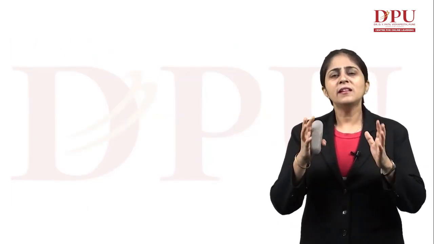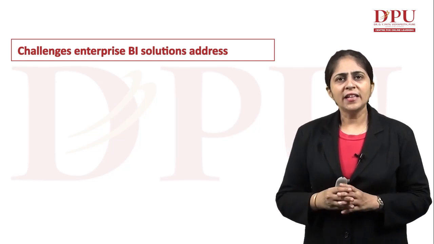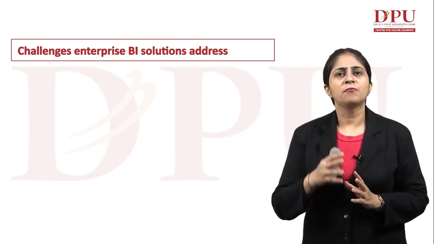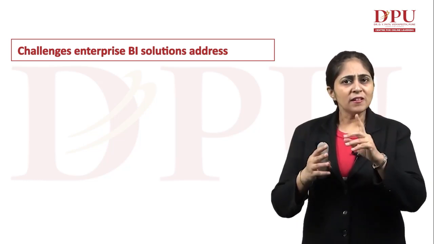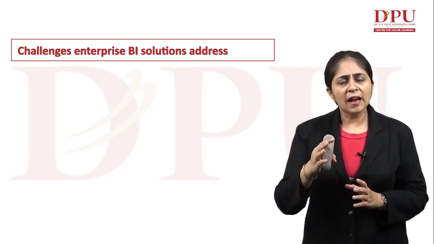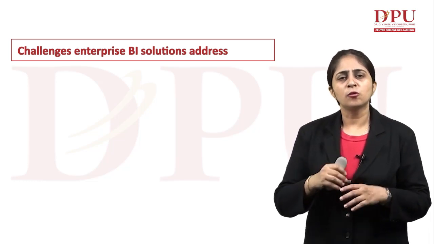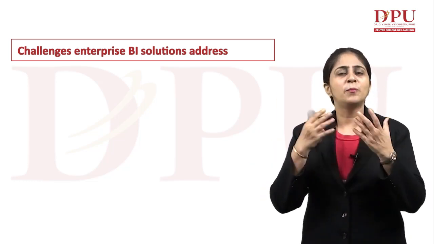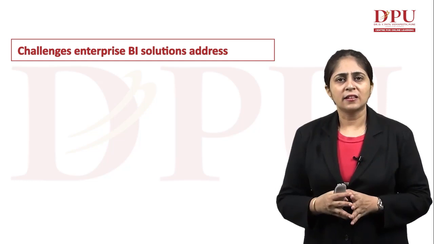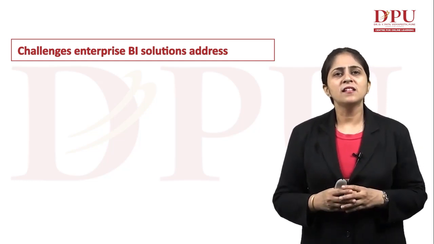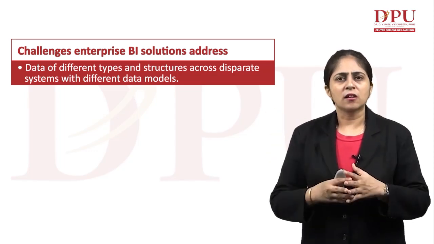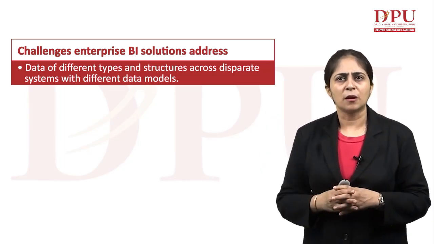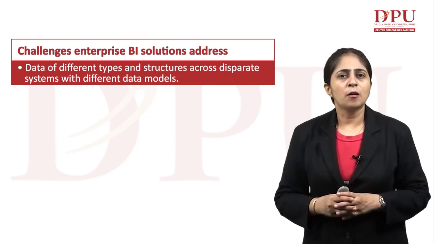Now, what are the challenges that this enterprise business intelligence solution faces or addresses? The very first challenge it faces when it is being built is data of different types and structure across disparate systems with different data models.